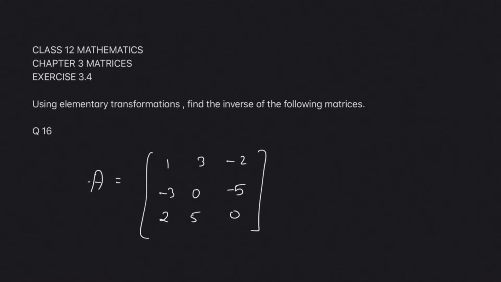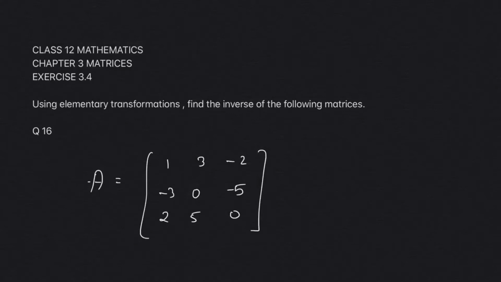So let's continue with class 12 mathematics, chapter 3 matrices, exercise 3.4, a continuation of the previous video, how to find out the inverse of a matrix using elementary row transformations. Now, before we proceed further, for the new viewers, those who are viewing this video for the first time, I would request you to please go through the previous two videos which we have uploaded on exercise 3.4 on this topic, from where we have started with the basics on inverse matrices, how to find out the inverse of a matrix using elementary row transformations.